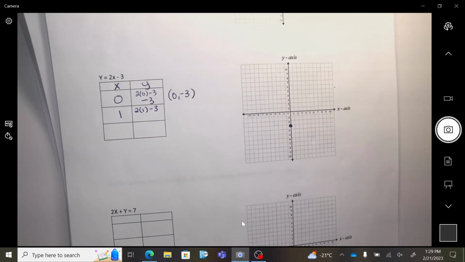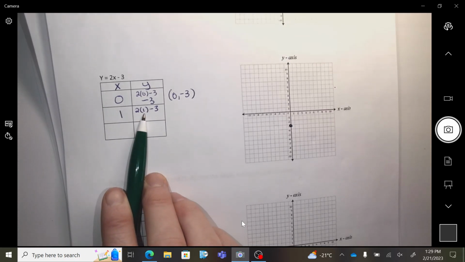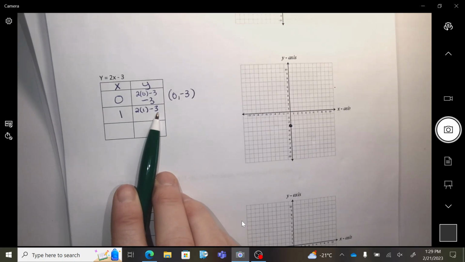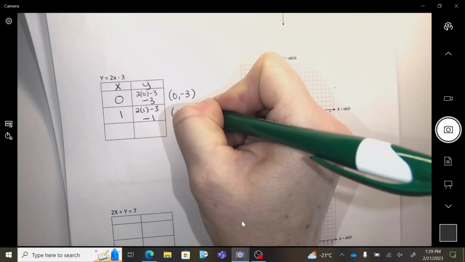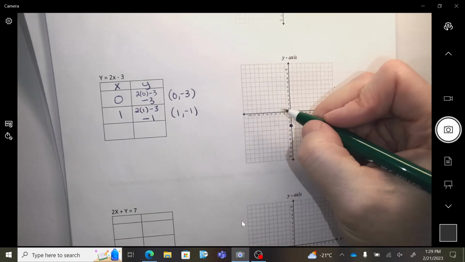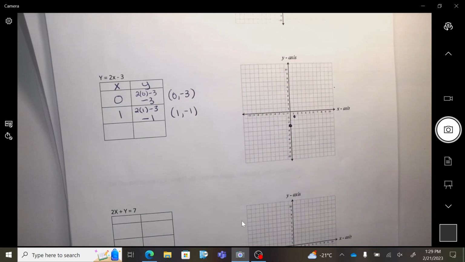Without your calculator, what does that come out to be? What is 2 subtract 3? Negative 1, I heard somebody. So 1, negative 1.